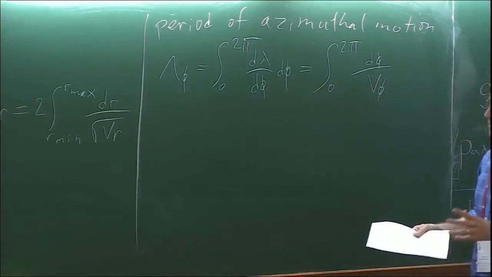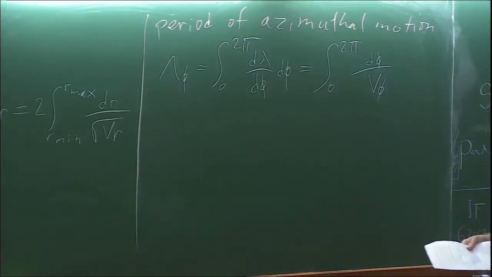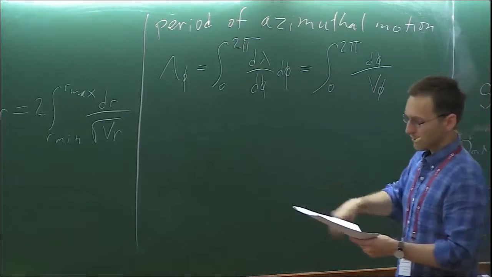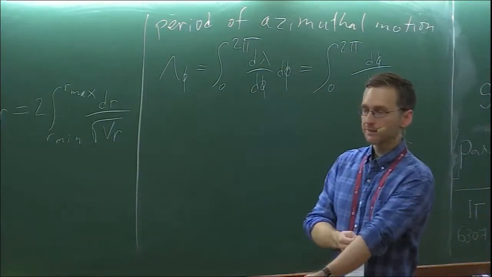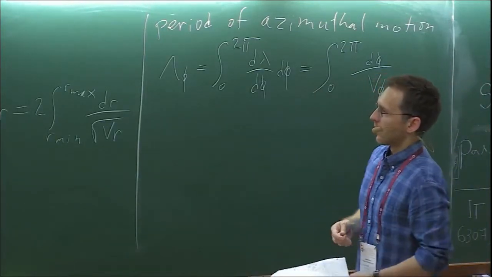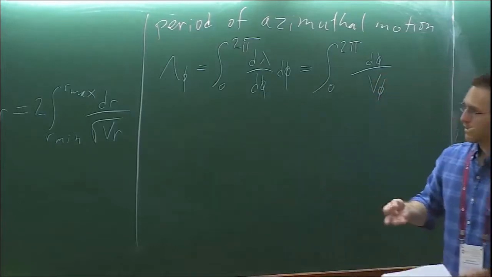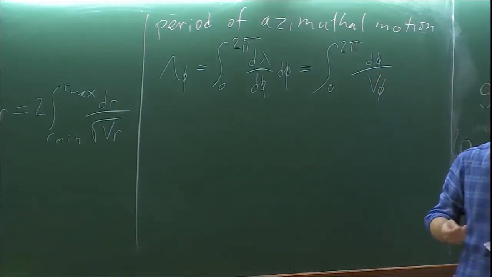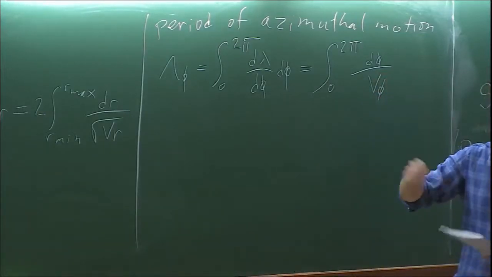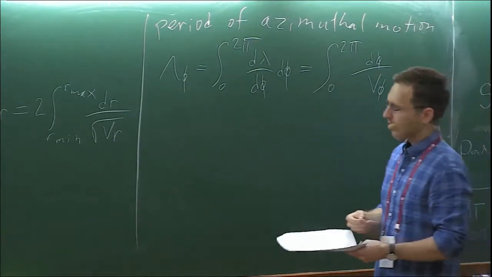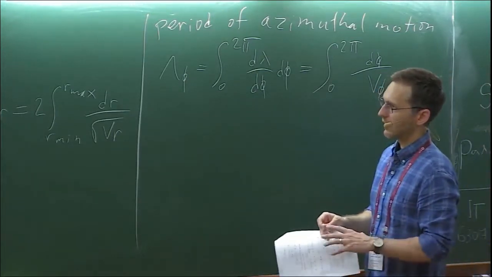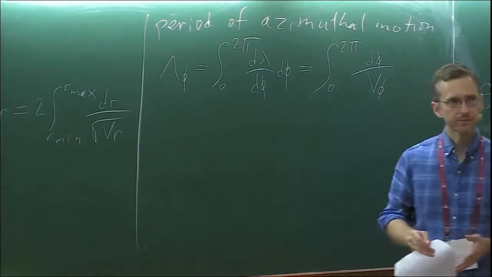Now remember, for Schwarzschild orbits, or Schwarzschild geodesics, you had closed orbits when you had a ratio between T_r and T_phi that was rational. So the one over the other was a rational number. And that's called an extrinsic resonance.